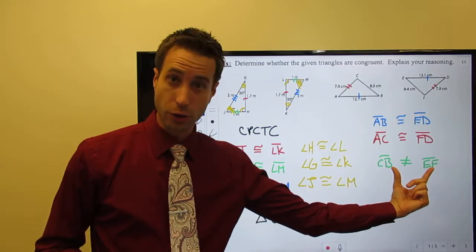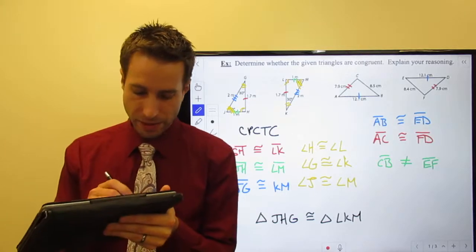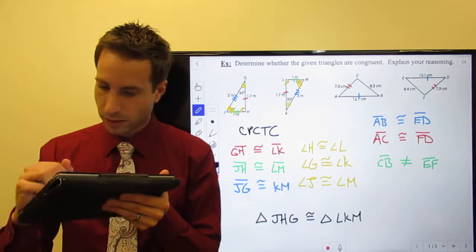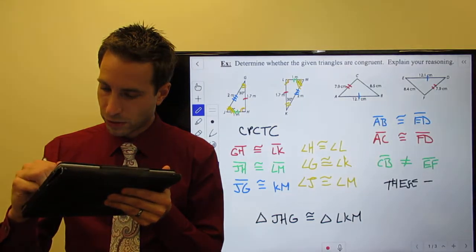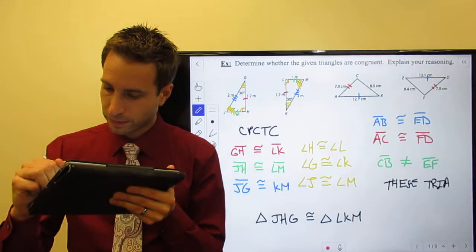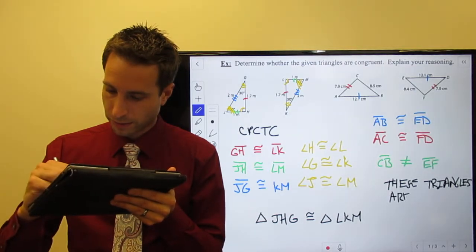Well, these are not congruent. So what does that tell me about these two triangles? They are not congruent. These triangles are not congruent.